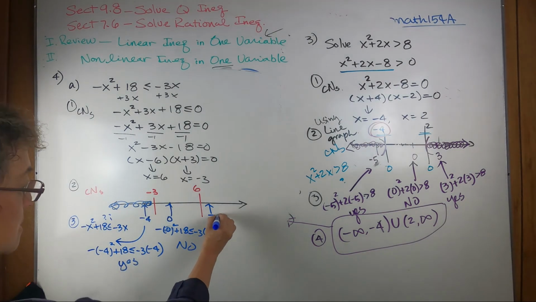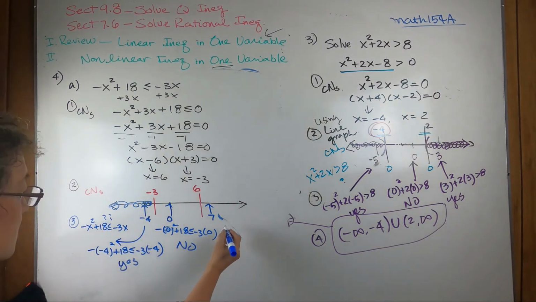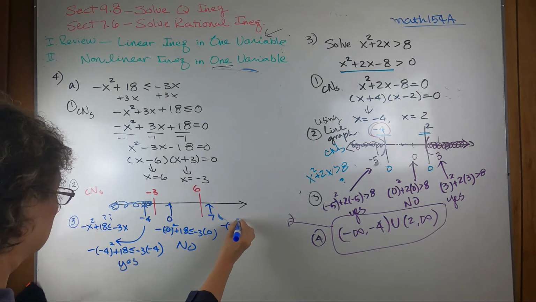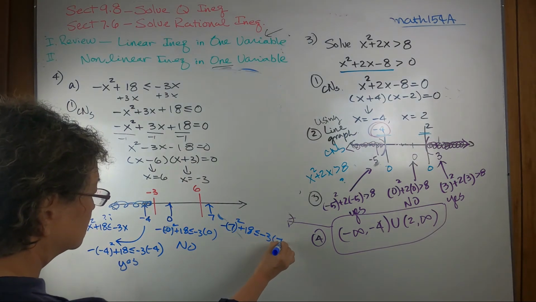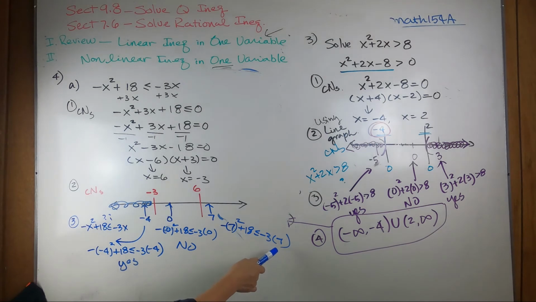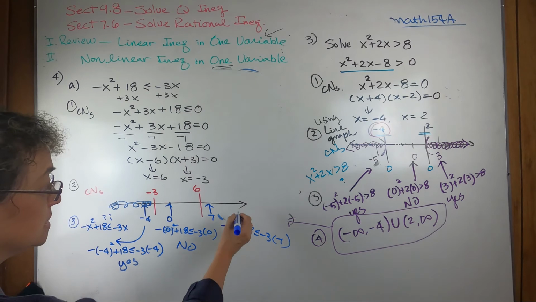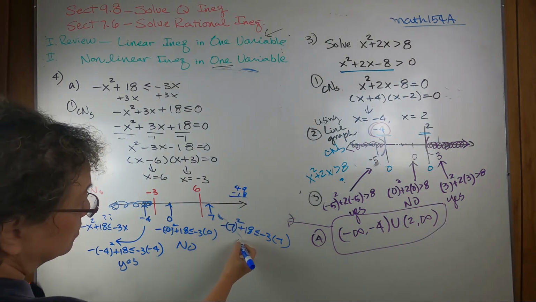And how about here? Plug in 7: negative 7 squared plus 18 less than 3 times 7. That's negative 49 plus 18 less than 21. Negative 49 plus 18 is negative 31, less than 21.